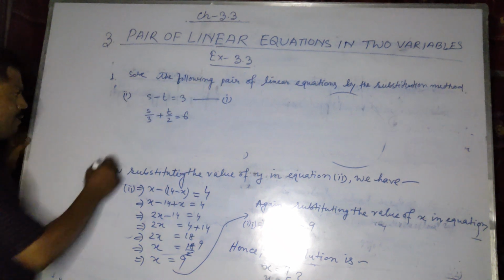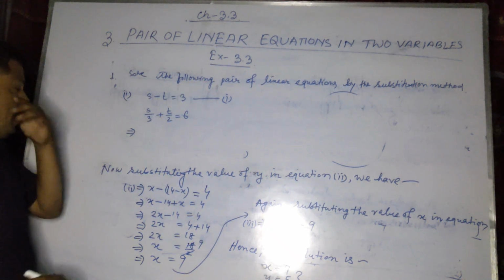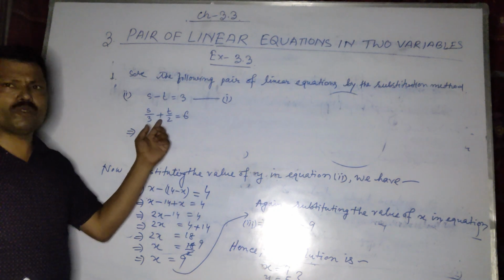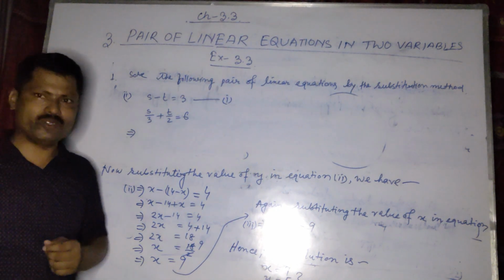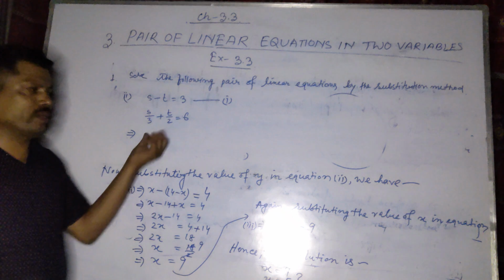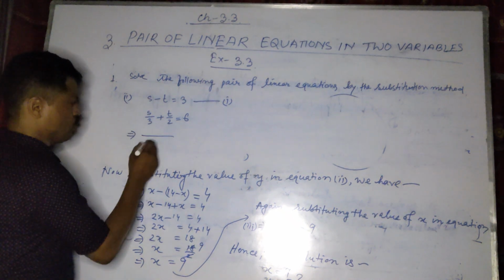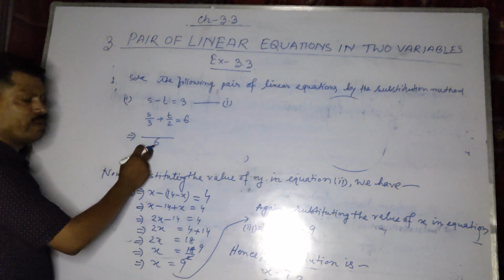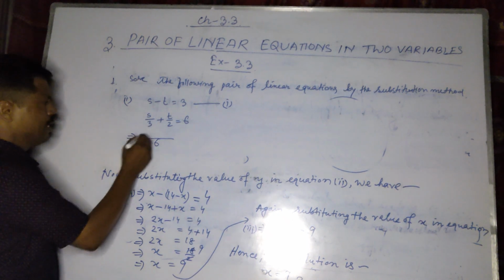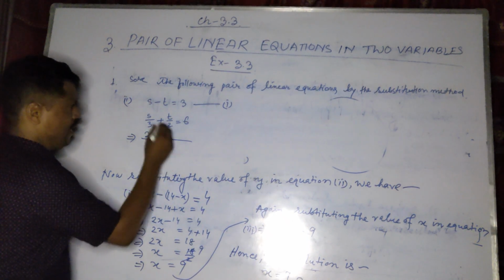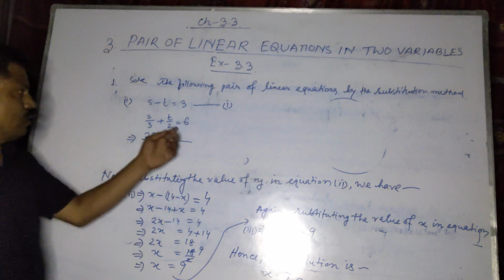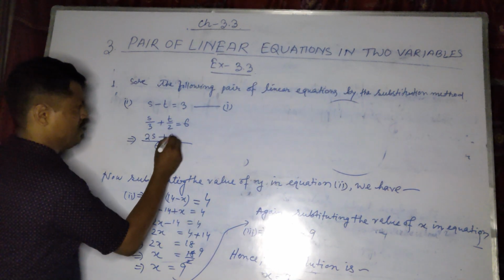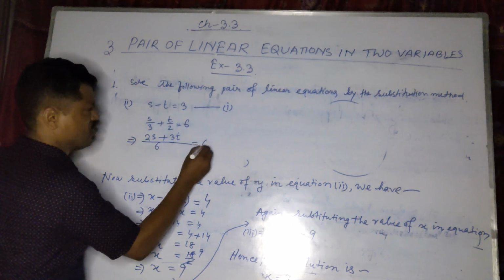So we can take the LCM. We know that in between there are fractions, and with plus or minus in between, we have to take the LCM. So first we take the LCM of 3 and 2, and we get the LCM as 6. 3 in 6, how many times? 2 times. 2 into s, that is 2s, plus. 2 in 6, how many times? 3 times. 3 into t, that means 3t is equal to 6.